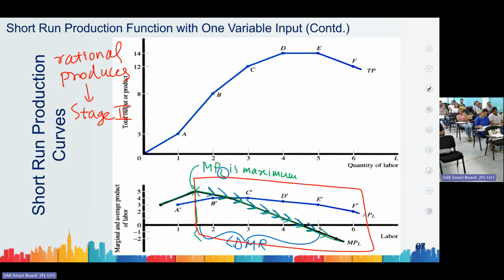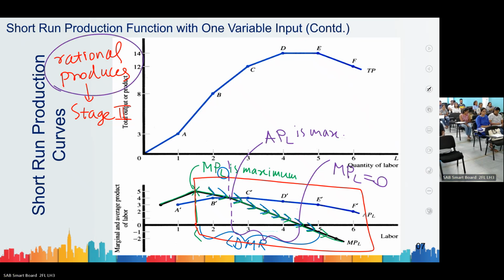Stage 2 of production starts from the point where APL is maximum, and it ends at the point where MPL is 0. This is the second stage where a rational producer will operate.